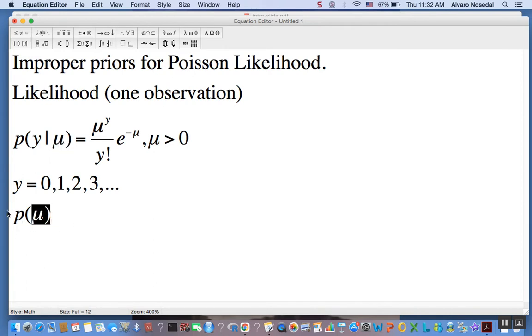So our prior is given in this particular case by a gamma with parameters v and r, and the PDF, the probability density function, looks something like this.